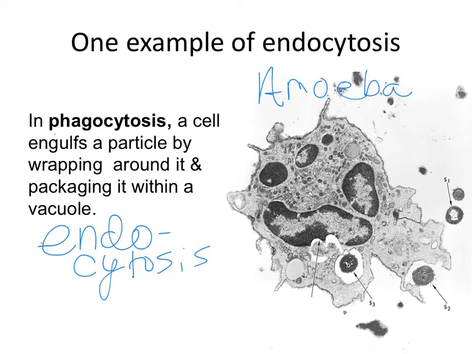And so you can see here, the cell is coming around, and it's going to eventually make a complete circle, just like it did here, around this food particle. And then it will bring it in, and then package it into a little vacuole. Maybe it will send a lysosome over to combine with that vacuole and digest whatever this is. And you can imagine that that's what these things are too. It's food that's going to be digested. So it's kind of cool.